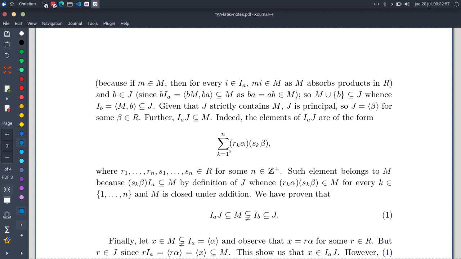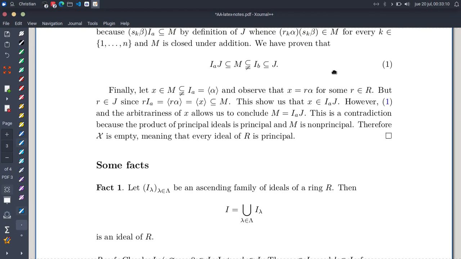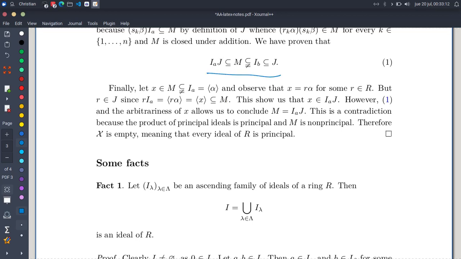And so by adding all those elements, because M is closed under addition, we get that this element is in M. So indeed we see that this inclusion holds. What we have proven up to now is this chain of inclusions.